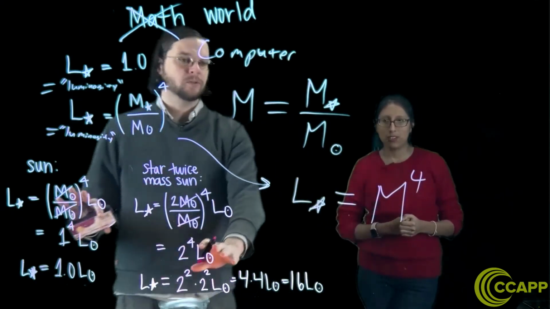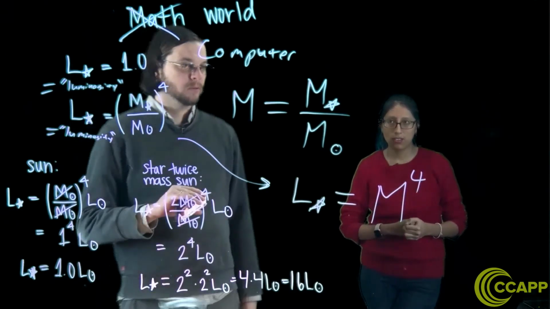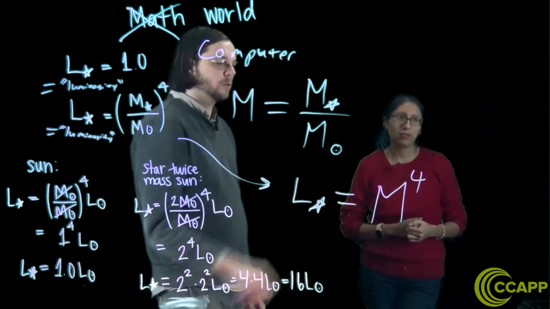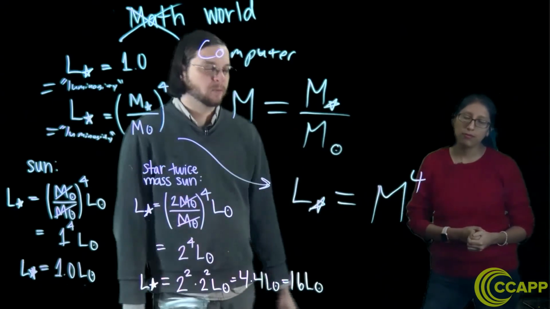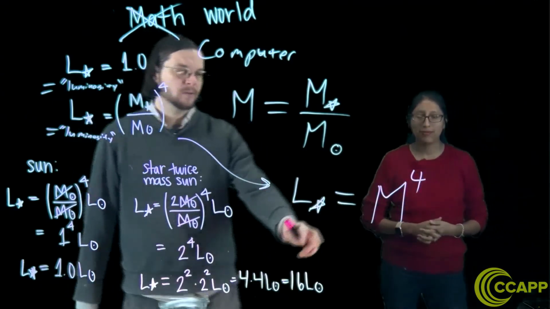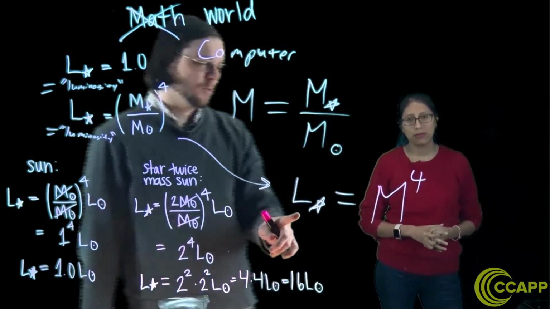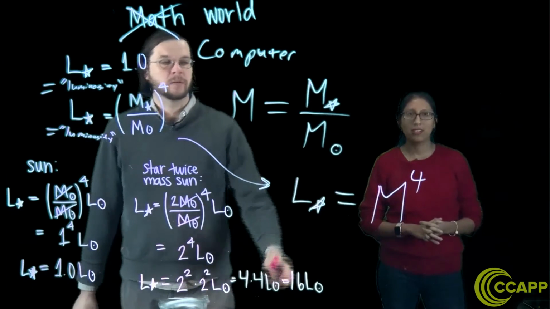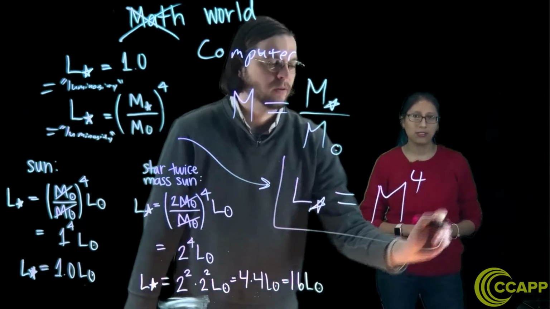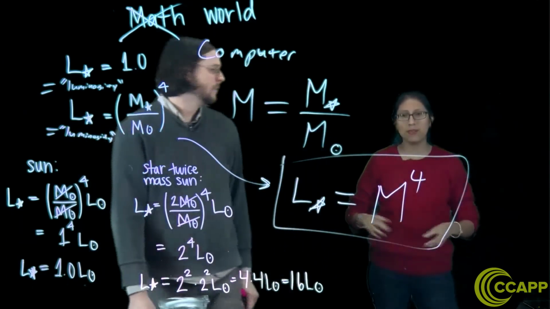So this stuff is all true, but it's all Math World. But in Computer World, the mass of the star goes from 0.25 to 2 or whatever it is. And all we have to do is take m to the 4th power to figure out what this luminosity is in the units. So we just have to put this into the code. You ready? I'm ready. All right, let's do it.